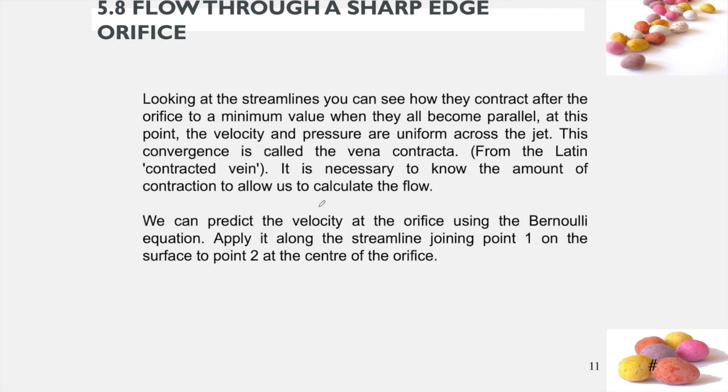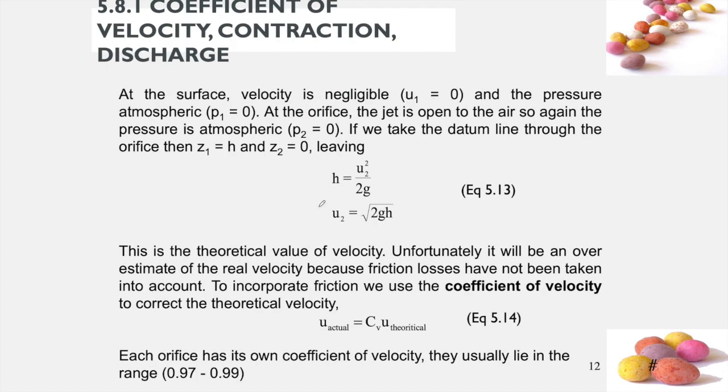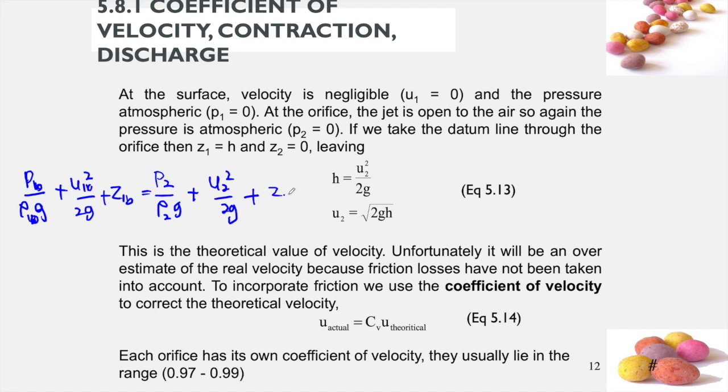So if we apply Bernoulli's equation, then we will get P1B over rho 1B G plus U1B squared over 2G plus Z1B equal to P2 over rho 2G plus U2 squared over 2G plus Z2.